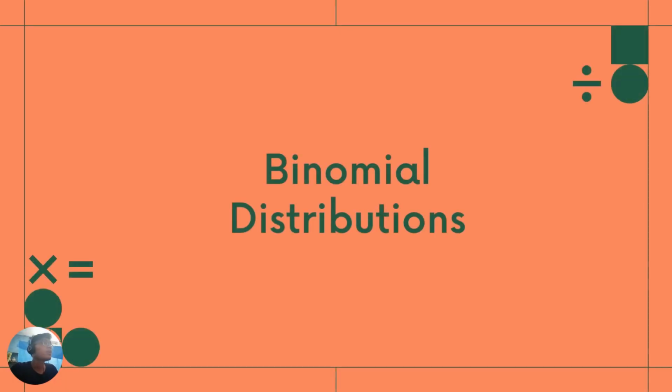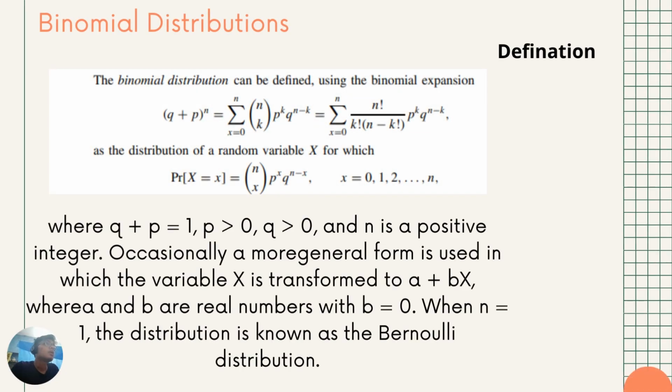Next is our own favorite, the binomial distribution. We all know the definition. The binomial distribution can be defined as the distribution of a random variable x for which p(x) is equal to nCx p^x q^(n-x), where x goes from 0 to n.